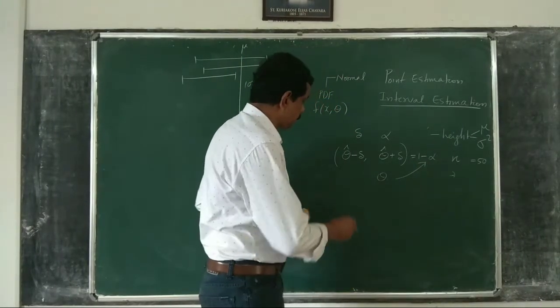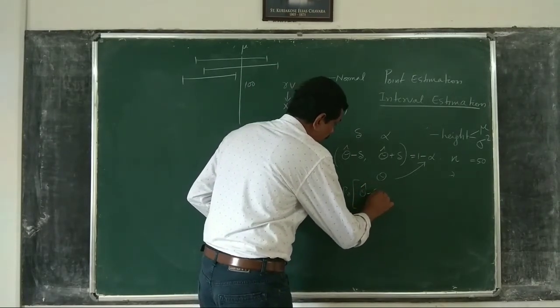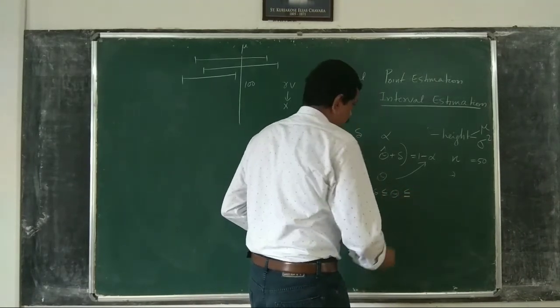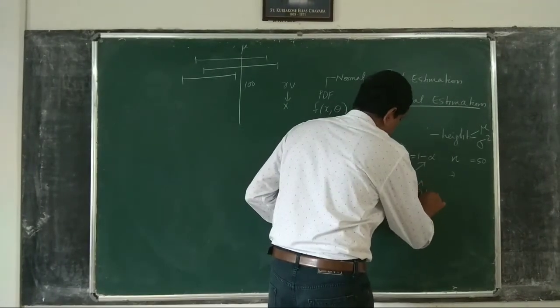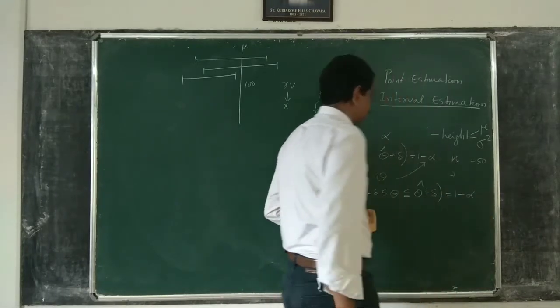Symbolically, the probability that theta hat minus delta is less than or equal to theta, which is less than or equal to theta hat plus delta, is equal to 1 minus alpha.